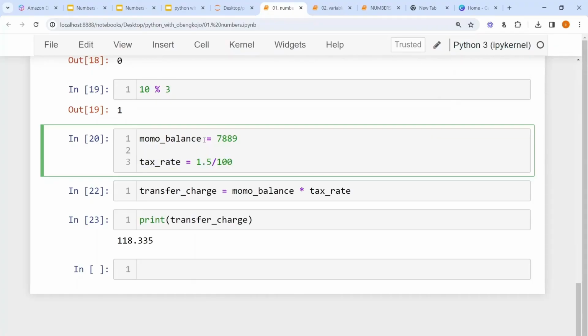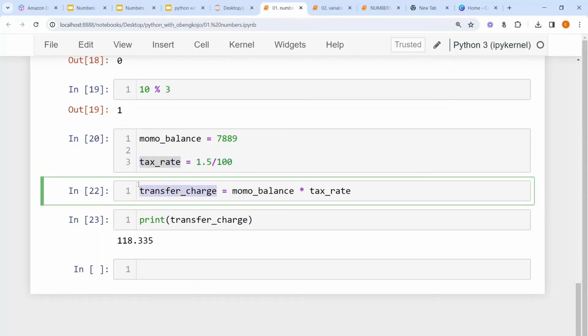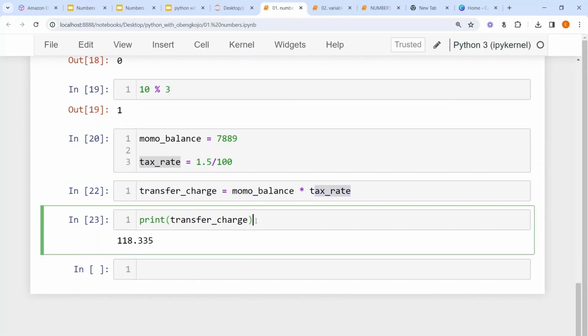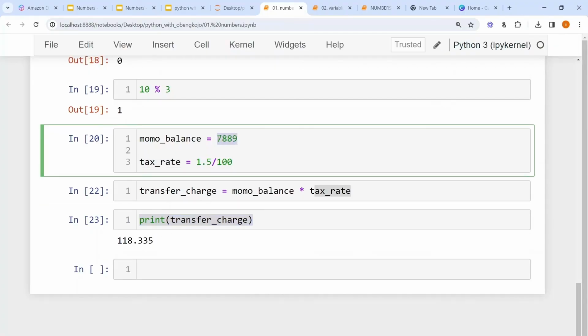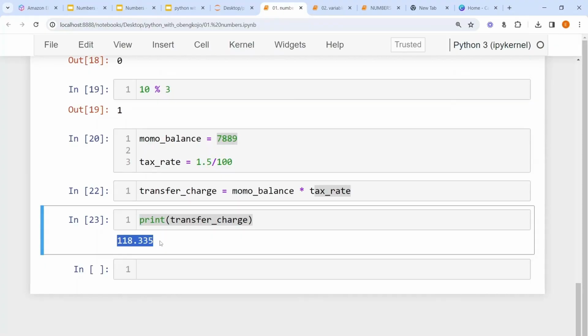I'm storing the value of my balance in a container called Momo balance, and I'm storing the tax rate in a container called tax rate. Now to find how much I'm going to pay, all I have to do is to multiply the Momo balance by my tax rate. Now if I go ahead and print my transfer charge, it gives me this amount. So what it means is that if I will be sending this amount, I'll be paying this as my e-levy transfer charge.